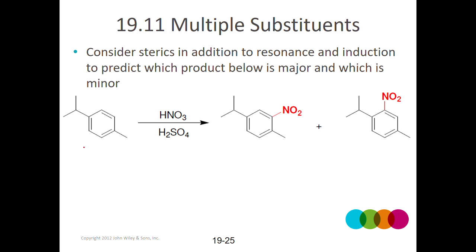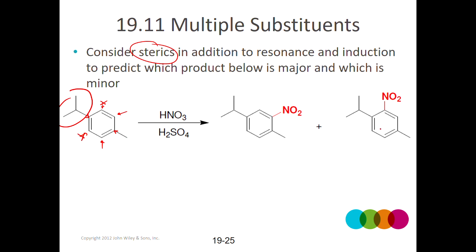So here I've got a couple groups that are both weakly activating. This one's directing the new group ortho to it. This one's directing the new group ortho to it. So what's the difference? Well, the difference here has to do with sterics. So this group's a little bit more bulky, so it's kind of sterically blocking these two positions versus the methyl group being much smaller.